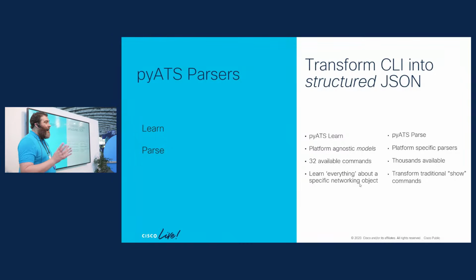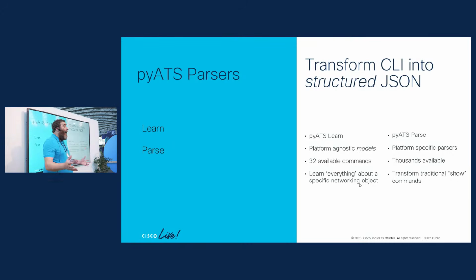One of my favorite things, and this ties back to that quote about structure giving meaning to data, are the pyATS parsers. So we have two high-level parsers here. We can learn something or we can parse something. So pyATS learn is platform agnostic. And what you do is you say pyATS learn BGP, testbed, testbed.yaml.